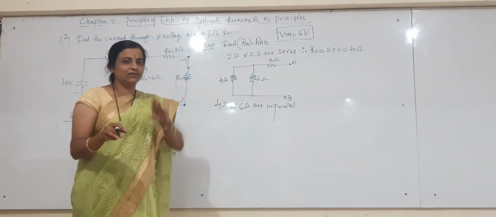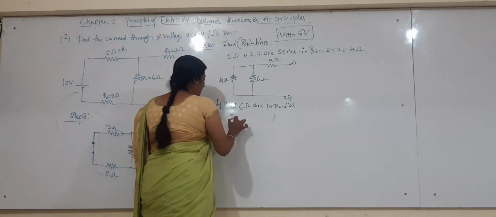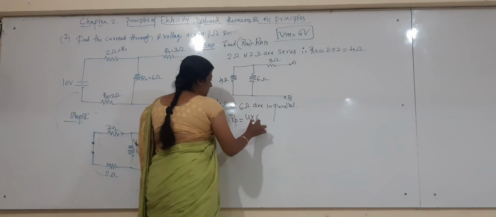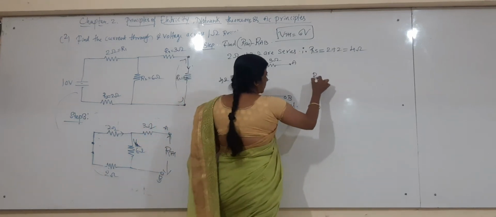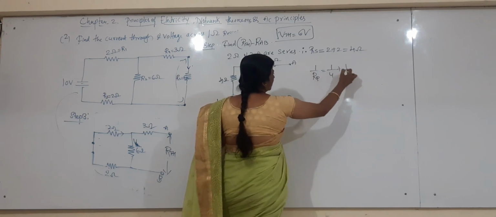Now we have to replace them with one resistance. So the effective resistance RP is the parallel combination of these two, using the formula for 4 and 6. 1 by RP is equal to 1 by 4 plus 1 by 6.